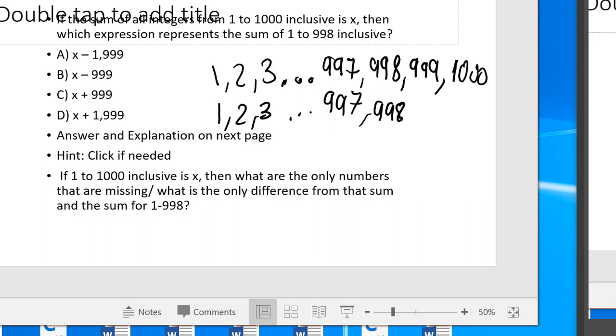Well, I can get rid of the 1, 2, 3, the 997, 998. What are the only two differences between the first one and the second one? 999 and 1000. And the larger one at the top is x.